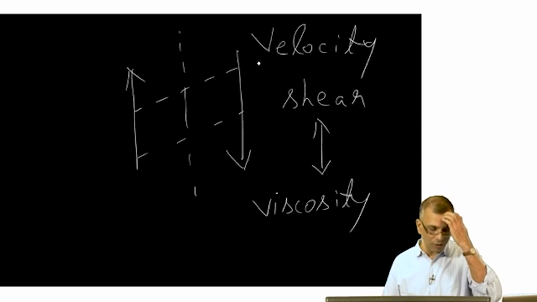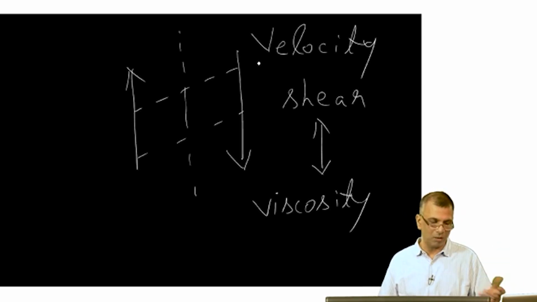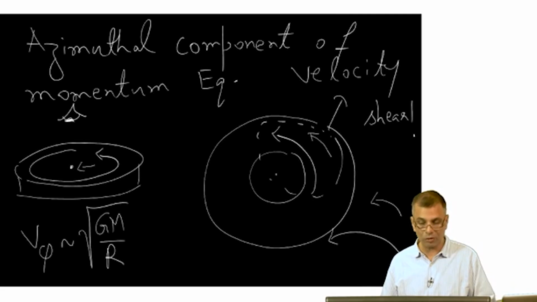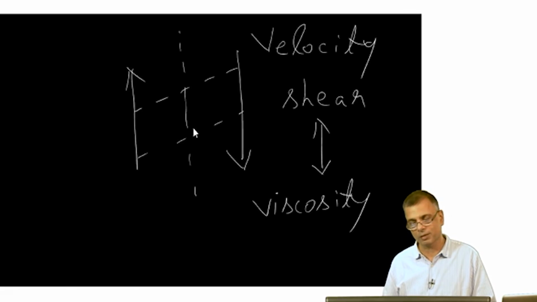And here, if you are assuming a quasi-Keplerian disk, it has to have velocity shear. There is no way around it. A quasi-Keplerian accretion disk, the azimuthal velocities look like this. Since the r is in the denominator, at smaller r you have a larger v phi as compared to a larger r. And this is essentially velocity shear, like this, and you can transform it to something like this.